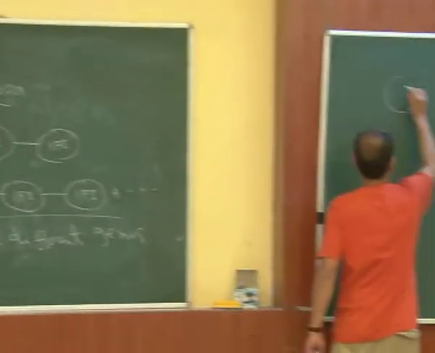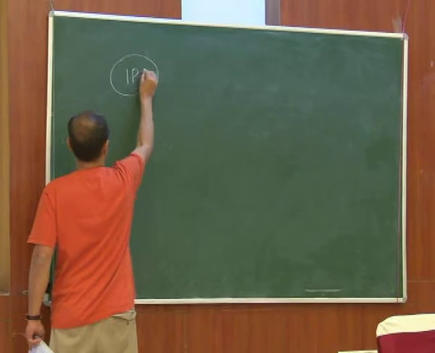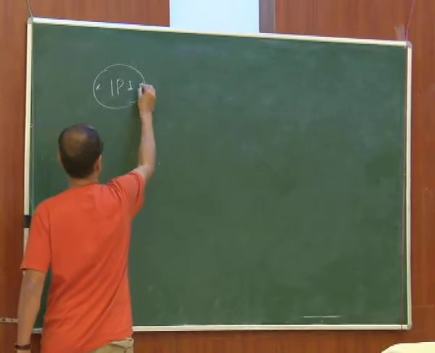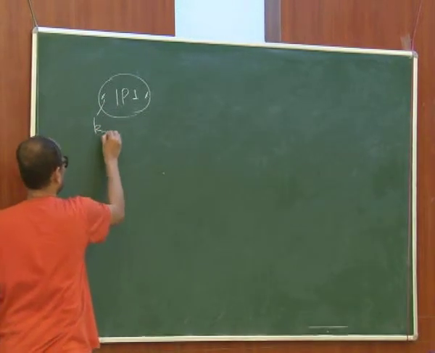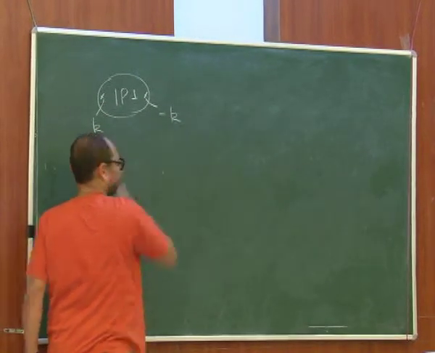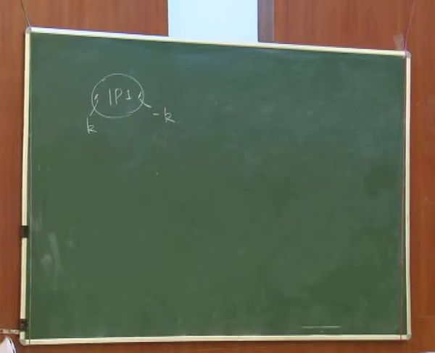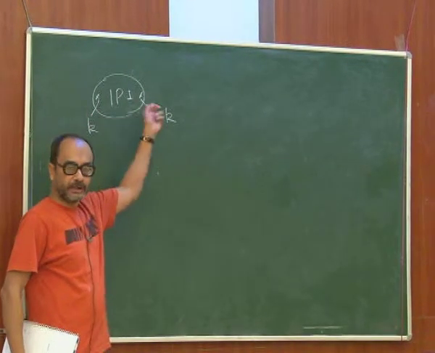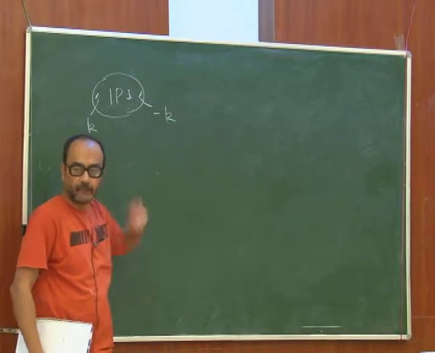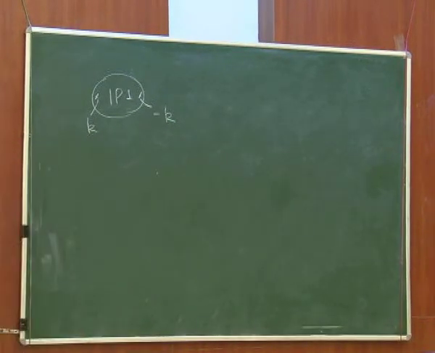So suppose we denote this 1PI. Okay, so there are 2 vertex operators at 2 ends. This carries momentum k, this carries momentum minus k. Okay, but there is no other condition, no on-shell condition. Generally a 2-point function of vertex operators.